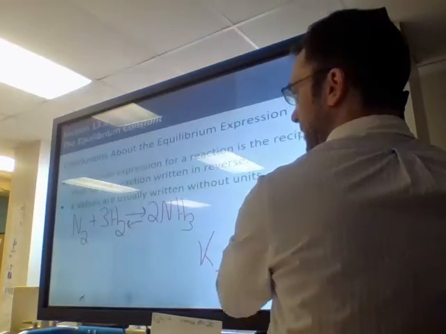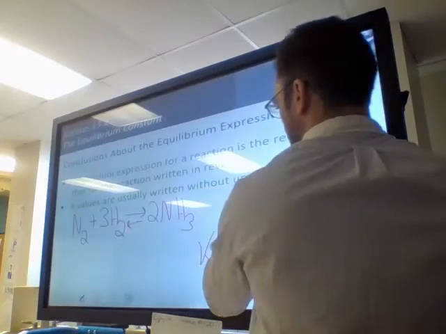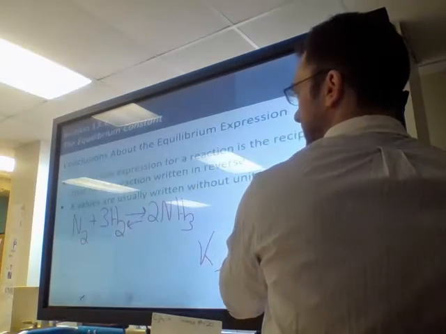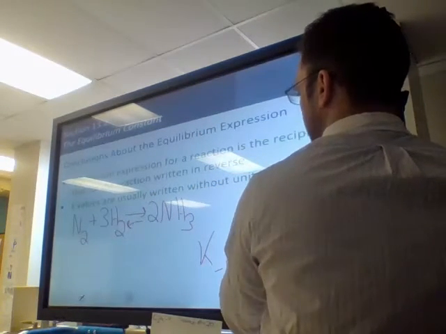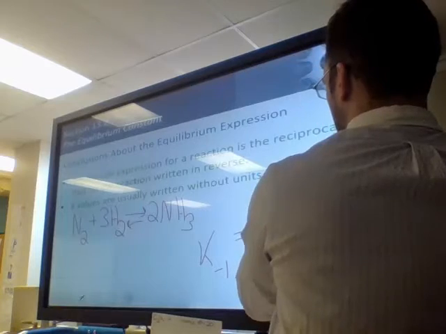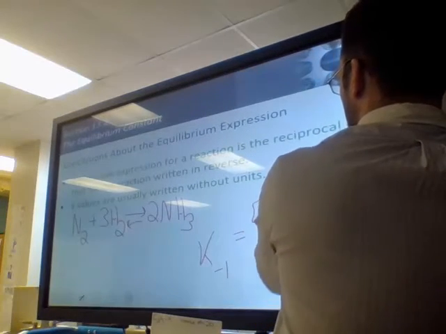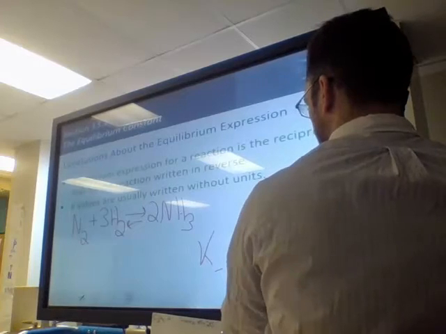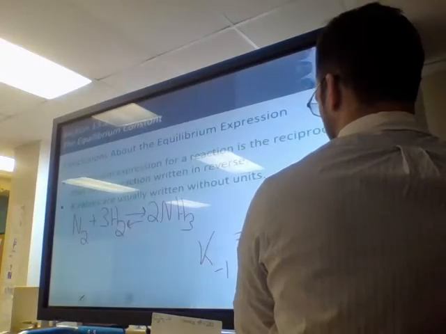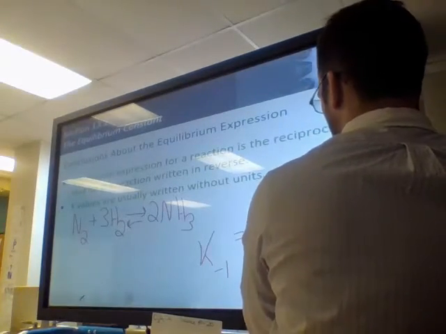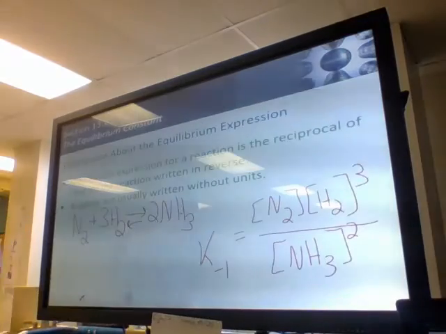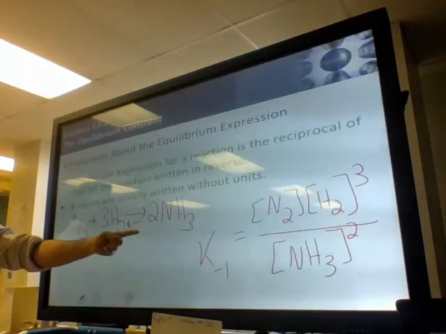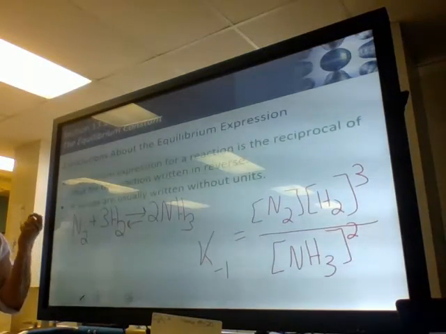K to the minus 1 is now, those are the products, and these are the reactants. And they want it written like that, K to the minus 1. So the reciprocal this way.